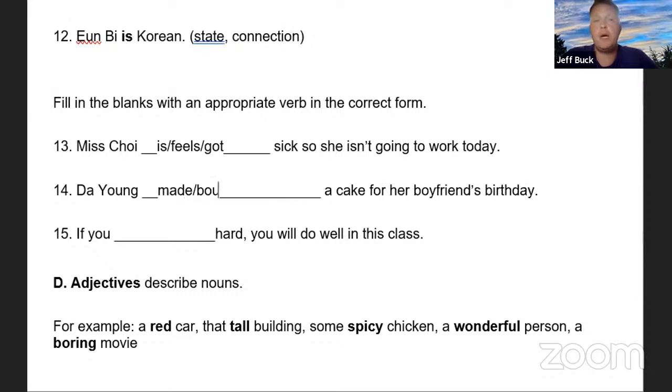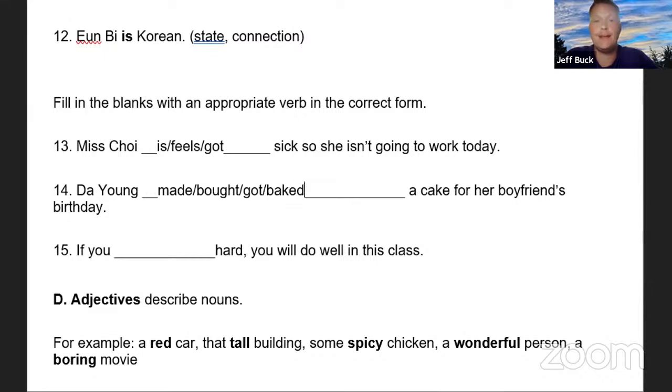All right, and Da Young made a cake, bought a cake, got a cake, baked a cake, ordered a cake for her boyfriend's birthday.